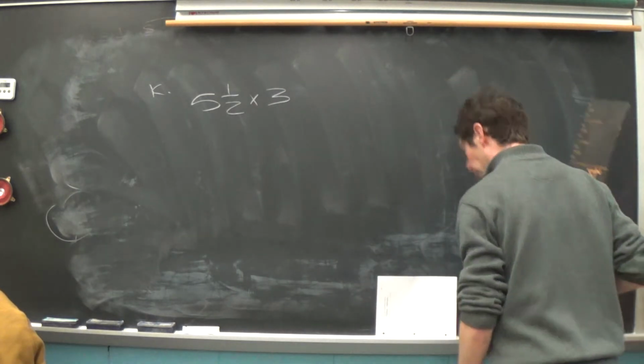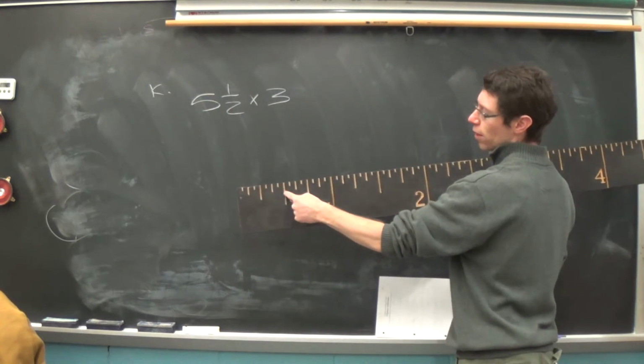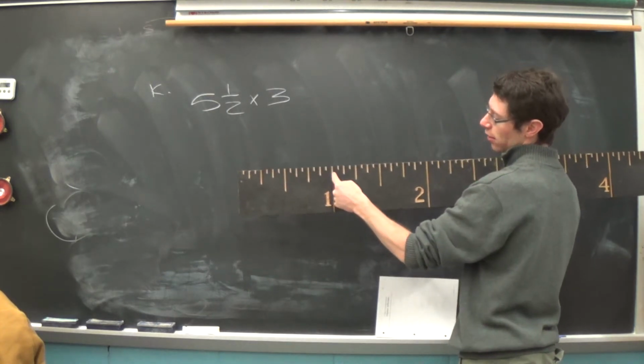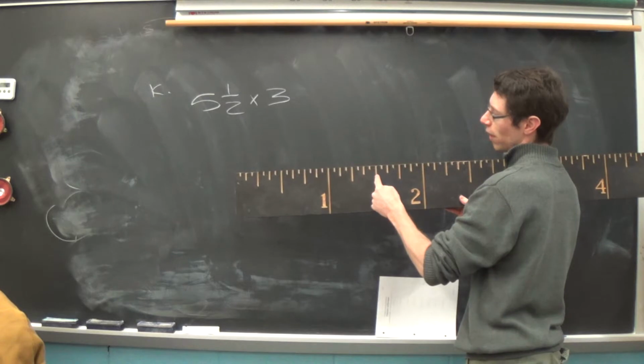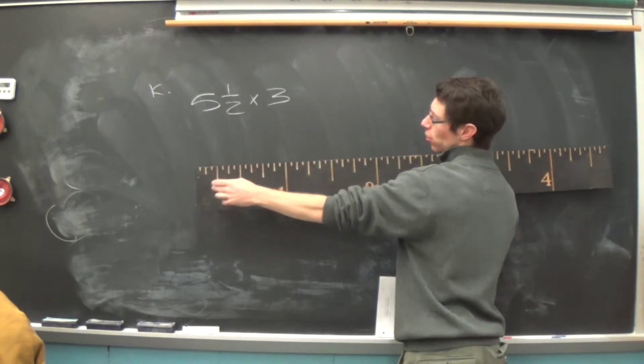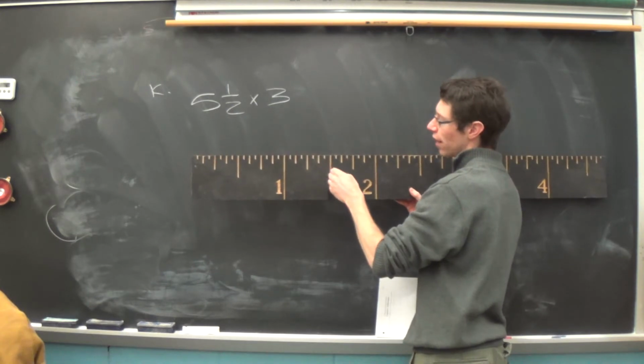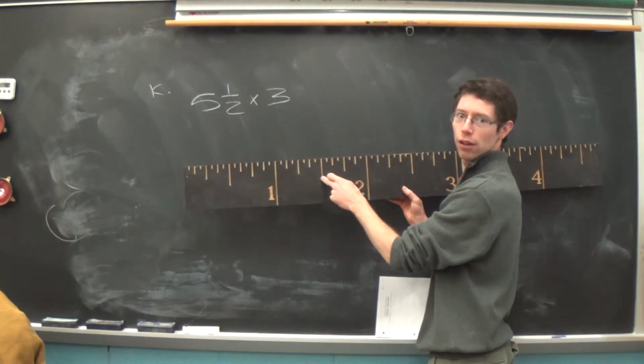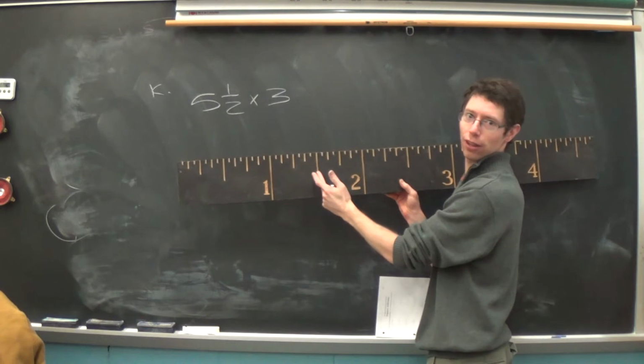Guess I'll show it to you on the ruler. 1/2 once is a half, 1/2 twice is 1, 1/2 3 times is 1 1/2. So 5 times 3 is 15, 1/2 times 3 is 1 1/2, 15 plus 1 1/2 is 16 1/2. So the answer is going to be 16 1/2, I'll tell you that up front.